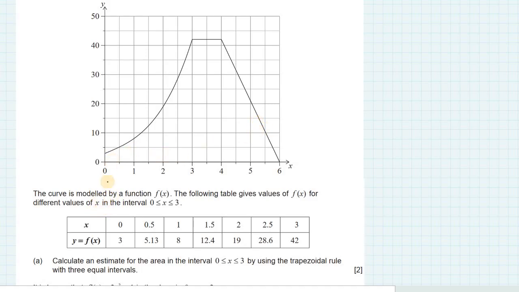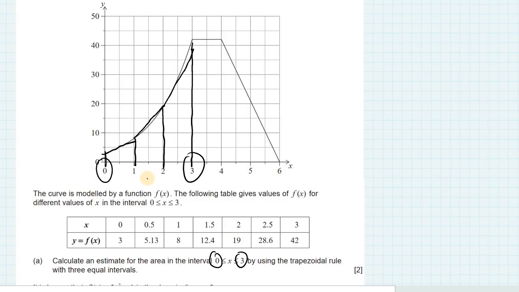For example, you make it into 3 equal intervals from 0 until 3, so 3 divided by 3 is 1. Imagine you have 3 trapezoids, and then you calculate the area one by one and add them all together.